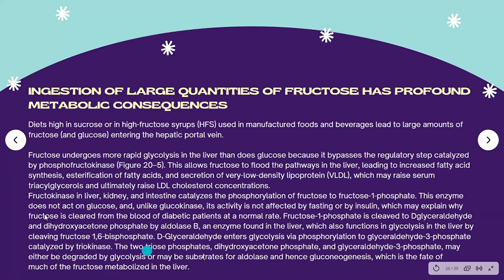The two triose phosphates, dihydroxyacetone phosphate and glyceraldehyde phosphate, may either be degraded by glycolysis or may be substrate for aldolase, and hence gluconeogenesis, which increases, of course, the glucose content. So that's the problem with high fructose syrups.